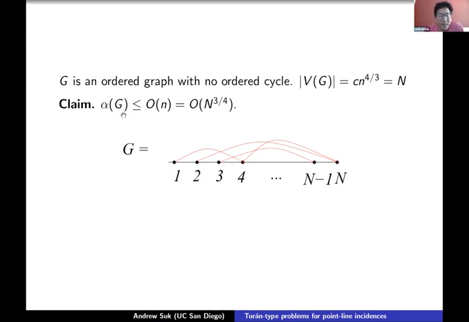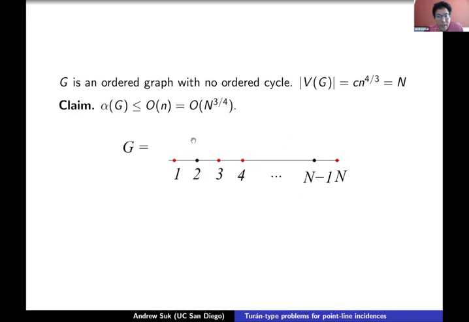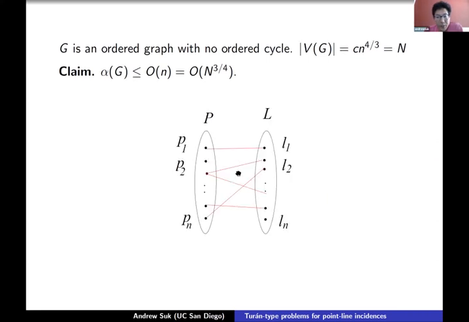And so to see why the independence number is small, if you have an independent set in this ordered graph, remember these vertices correspond to edges in the incidence graph. So these vertices here correspond to edges in this incidence graph between P and L. And so how many red edges could you have?